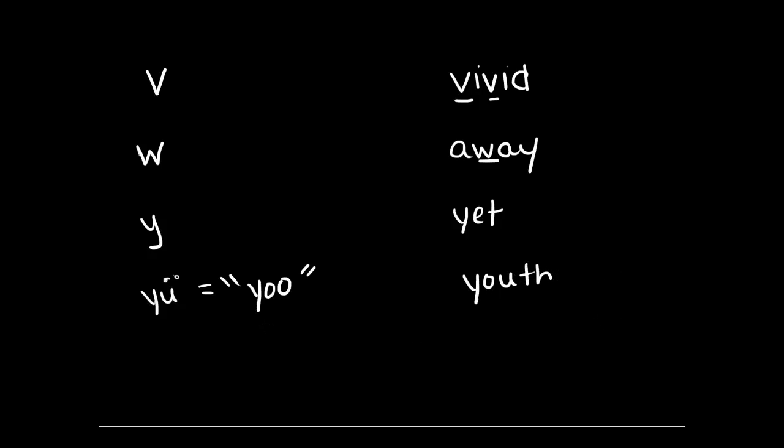Almost done. We've got Z, as in zone. This is pretty simple. And then the final sound we have is ZH, which again is a blend of 2 letters. Don't separate them. It's zh. You see it in a lot of French words towards the end, like age, like dressage. But basically it's the zh sound, as in vision. Okay, vision. That's where the ZH comes from.